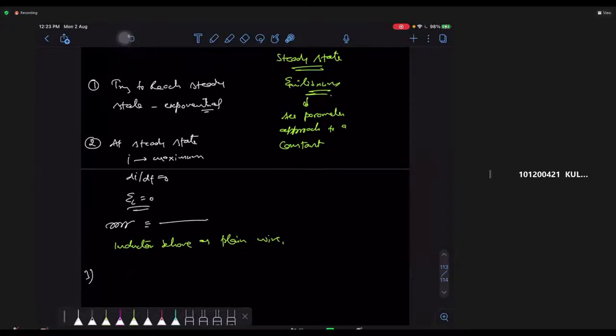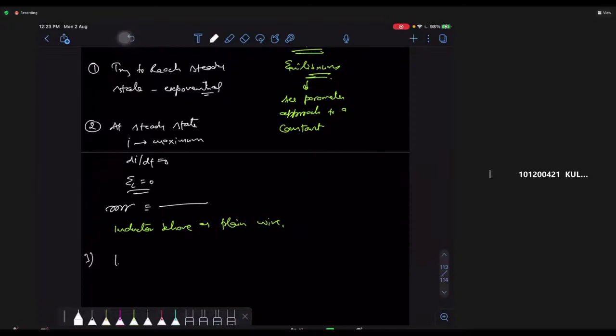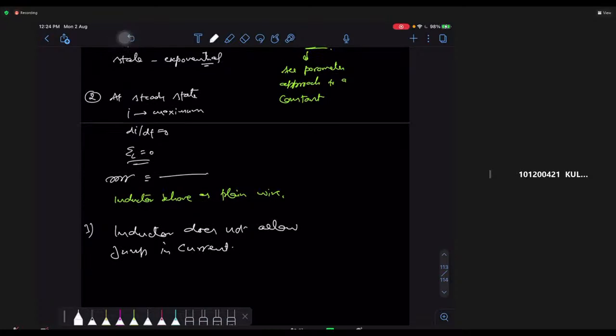So one important feature I can consider here is that the inductor does not allow a jump in the current. Initially it blocks the current.